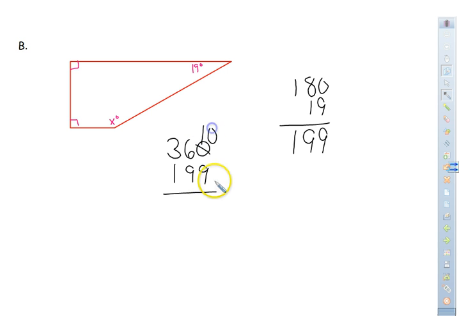And when you do that, you get 10, borrow from the 6, borrow from the 3, make this 15, and we get 6 and 1. So 161 degrees is the value of x. Questions on that? And again, you can certainly ask the guest teacher, and you can refer to this information as well.